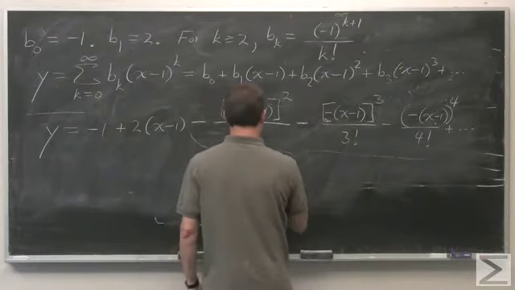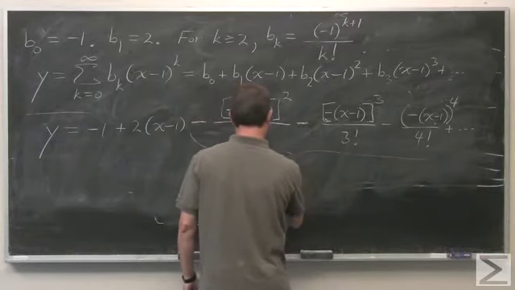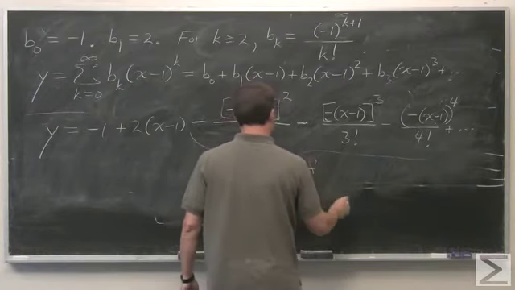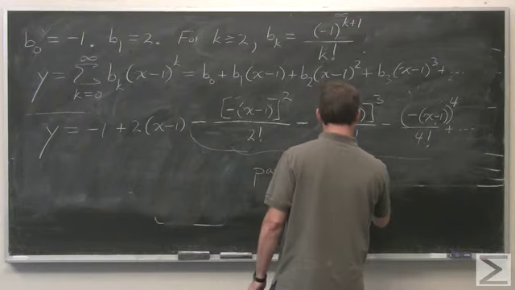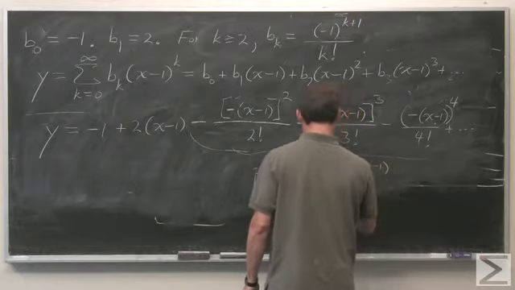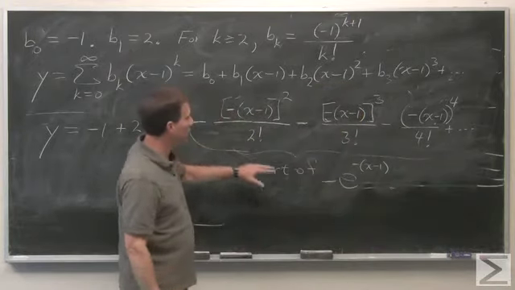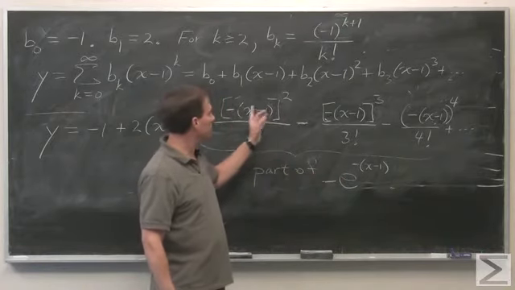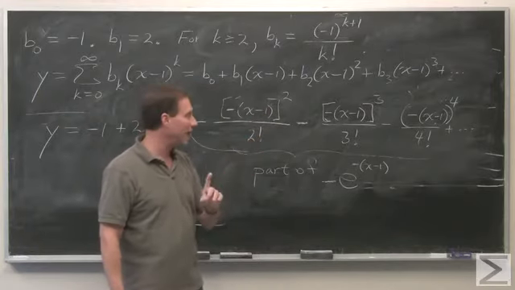Now we've got all minus signs. All of this part is part of e raised to the negative x minus 1. Right? e to the x, its infinite series has the powers of x divided by the corresponding factorial added.